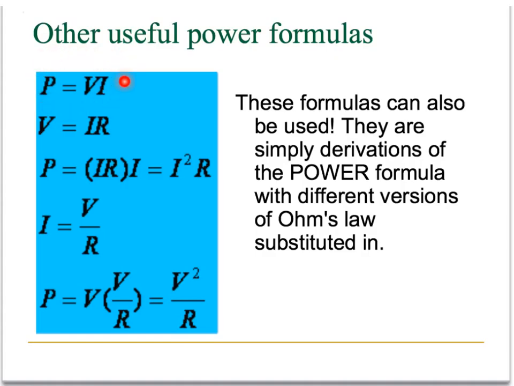First, P is equal to VI. Second, P is equal to I squared multiplied by R. Third, P is equal to V squared over R.